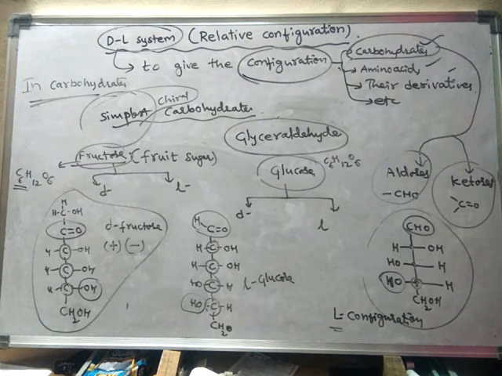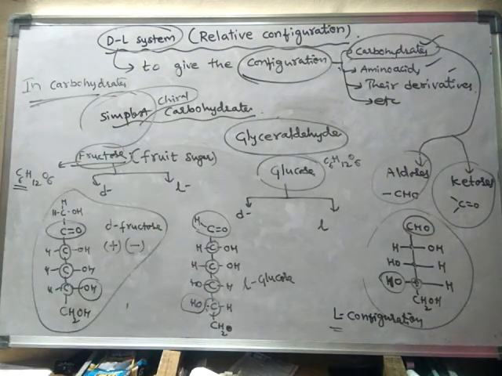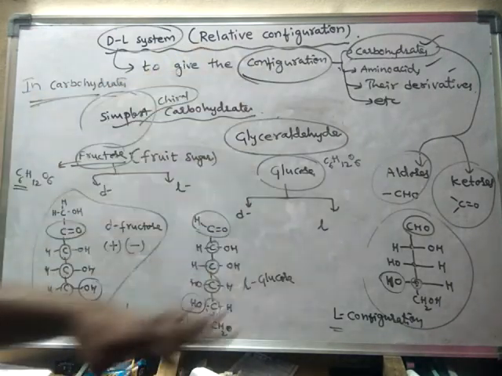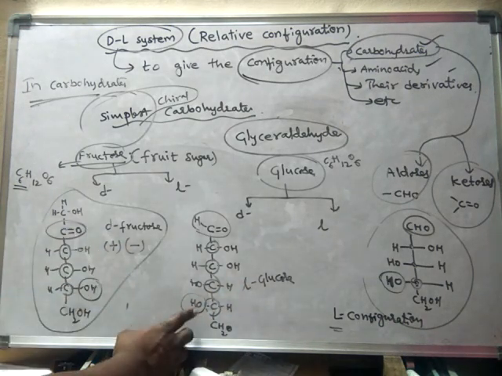Based on that particular chiral center only, we give the configuration to the compound. Then how will D fructose be? If the OH group is on this side and the H group is on this side, then it is said to be D fructose, D glucose.